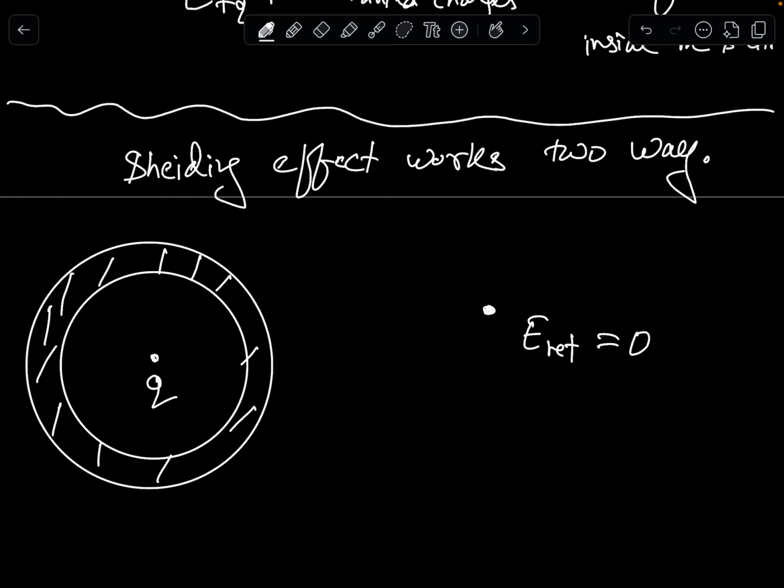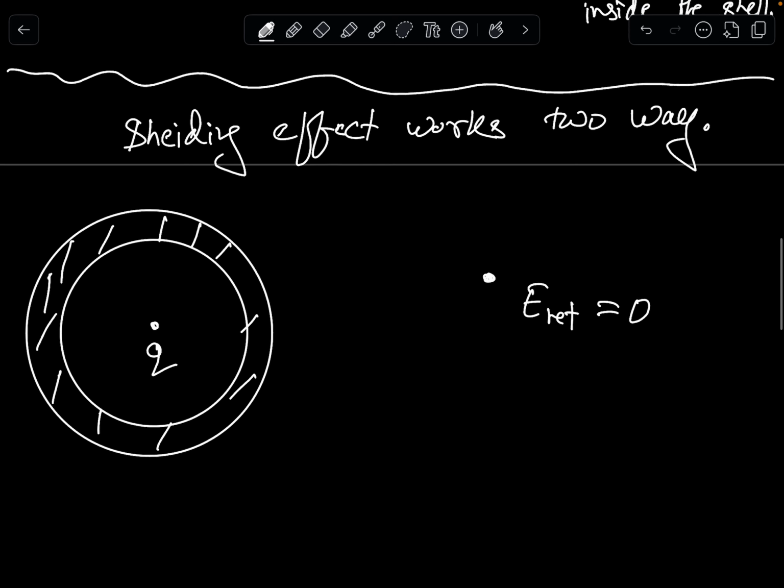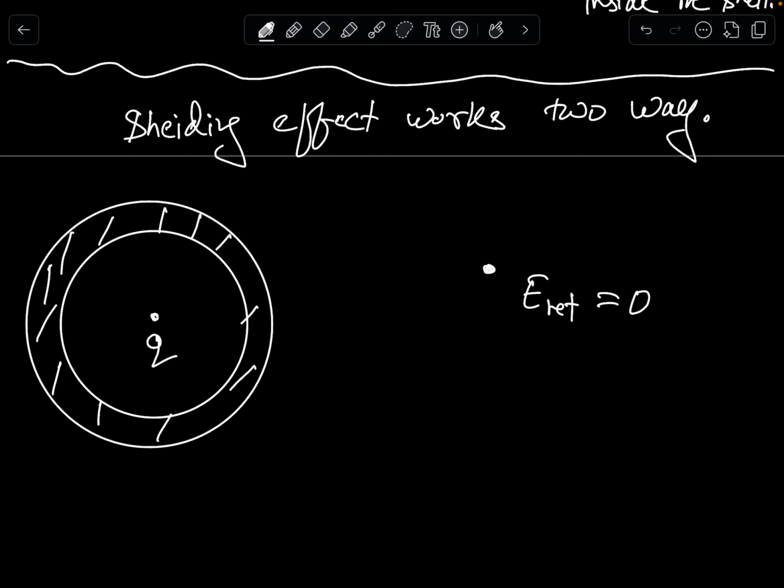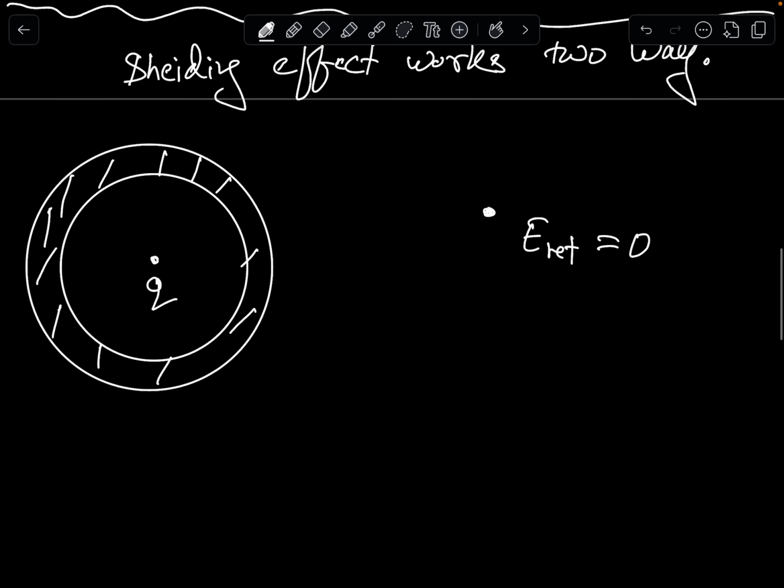That means if you keep any charge inside the shell, then the net electric field outside, this region is outside, will also become 0. So I am saying that the shielding effect works both ways, a two-way process. For an outside charge it will protect the inner space, and for an inside charge it will protect the outside space.